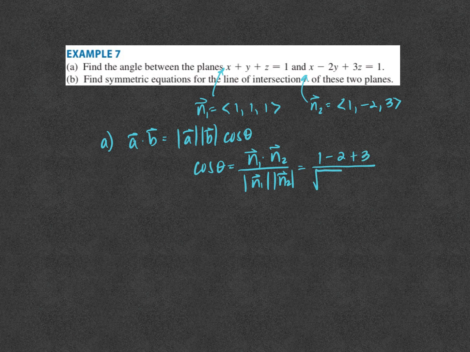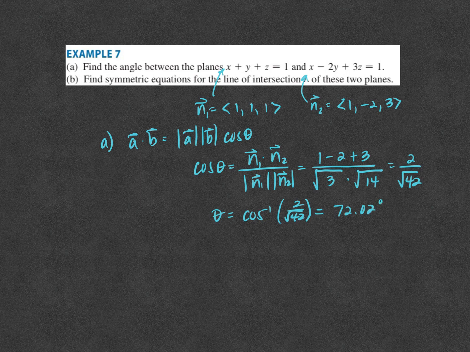And on the bottom, I have the square root of 1 plus 1 plus 1 is 3, times the square root of 1 plus 4 is 5, plus 9 is 14. So we end up with 1 minus 2 is -1 plus 3 is 2 over the square root of 42. So cosine of theta is 2 over the square root of 42. Theta equals inverse cosine of 2 over the square root of 42. And using our beautiful calculator, because I cannot do that in my head, I get 72.02 degrees.